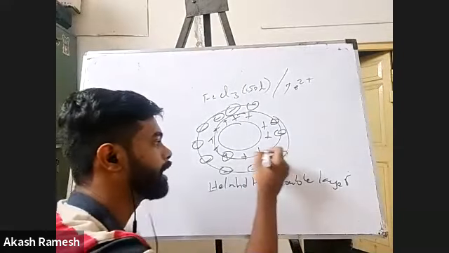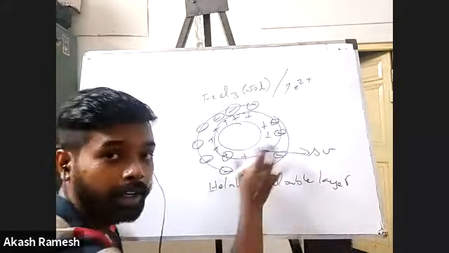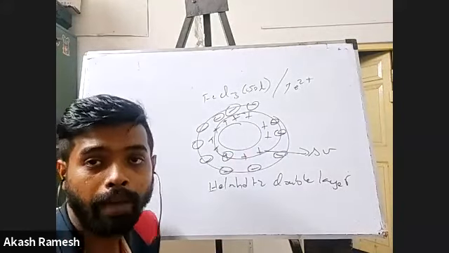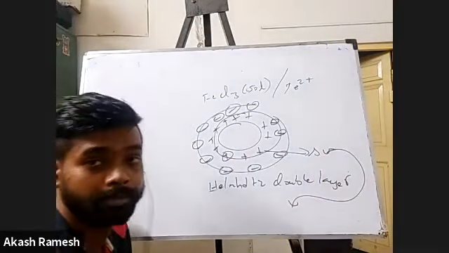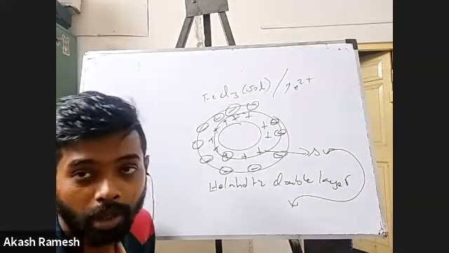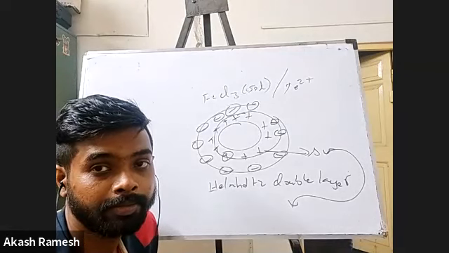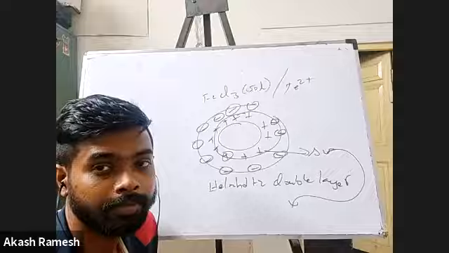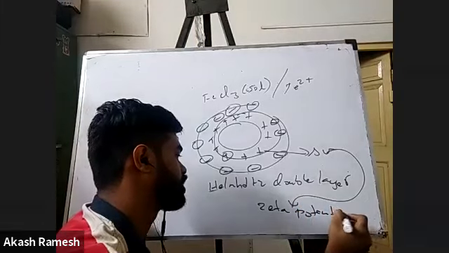So there will be some potential difference between the first layer and the second layer, and that potential is what is called the zeta potential.